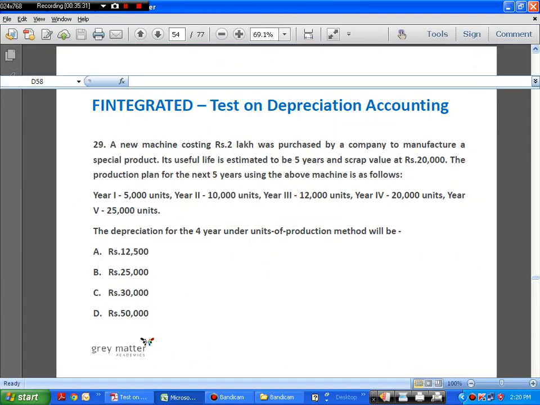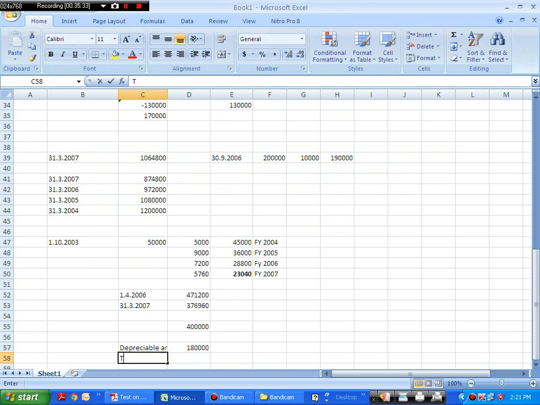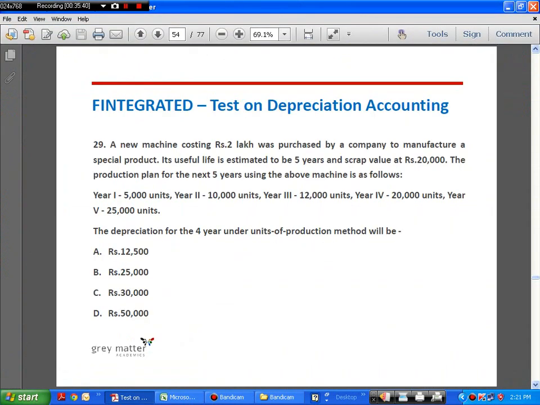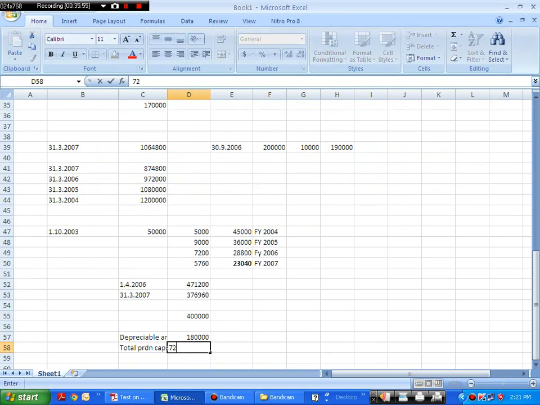Our next step will be to find out the total production capacity. Total production capacity is nothing but the summation of the units that is expected to be produced by the machine from year 1 to year 5. So it is 5 plus 10 plus 12 plus 20 plus 25, which will give us 72,000 units.